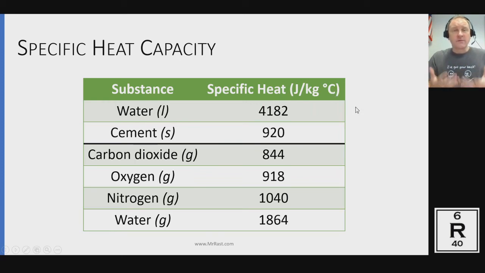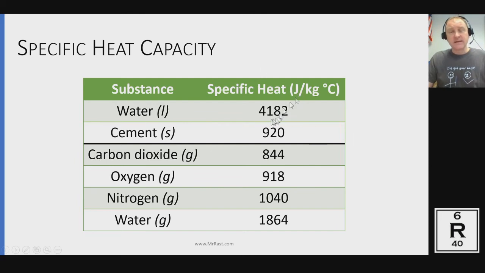Joules come from the sun. Well, they can come from other things, but I'm going to talk about the sun. The sun's heating up Earth. And let's pretend we've got a kilogram of cement and a kilogram of water near each other. If the sun hits Earth with roughly 4,000 joules, it's not focusing on the cement versus the water. It's distributing all over the place evenly.